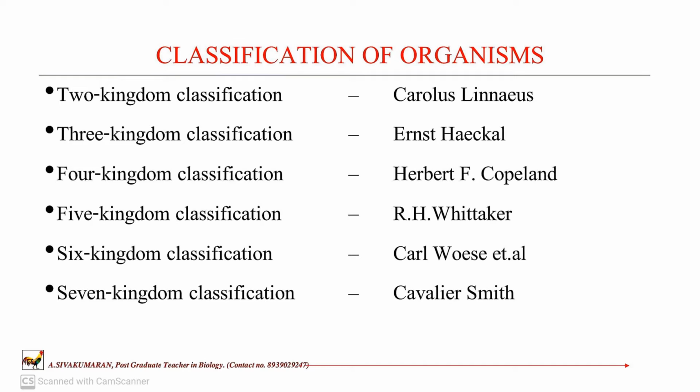Herbert F. Copeland classified four kingdoms, and R. H. Whittaker classified the organisms into five kingdoms, and Carl Woese et al. classified it into six kingdoms, and Cavalier-Smith classified into seven kingdom classification. These are the various types of classification.